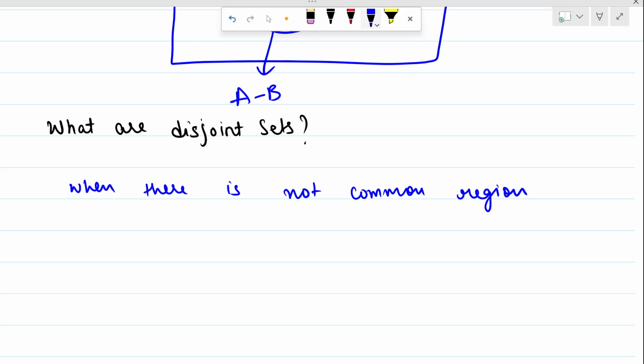For example, we have A minus B, A intersection B and B minus A. So these all three sets are mutually disjoint sets.